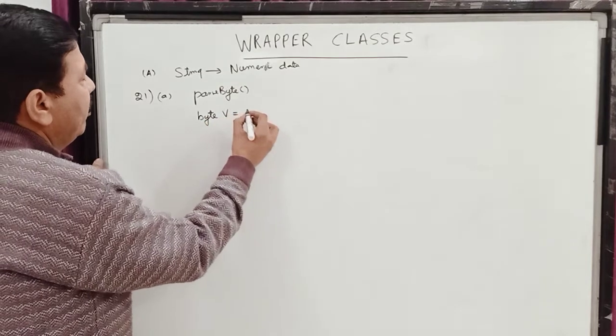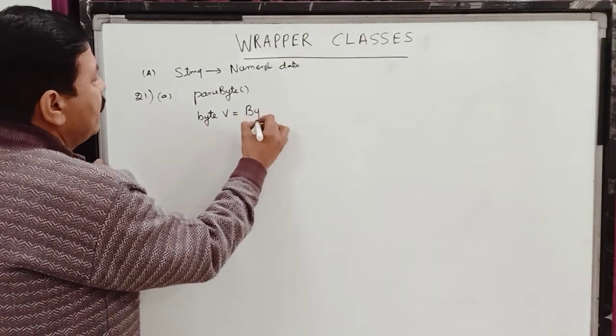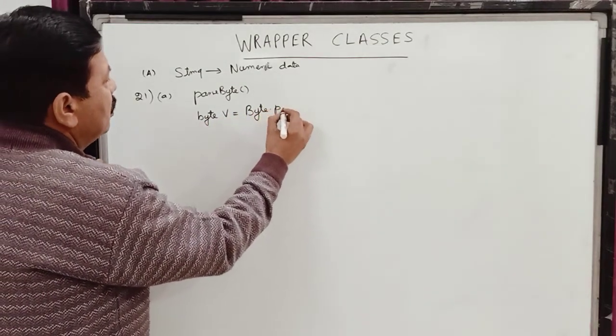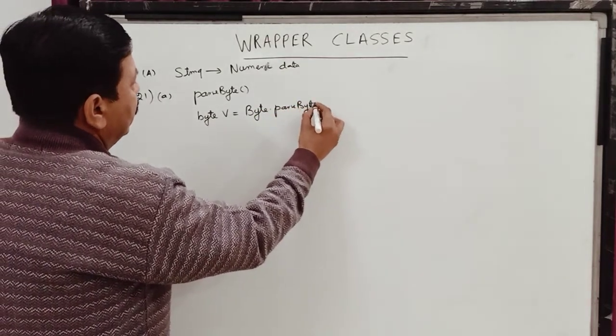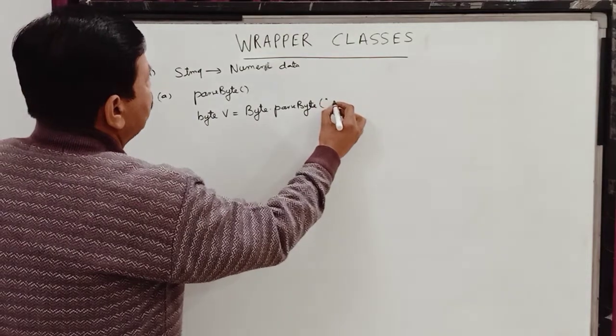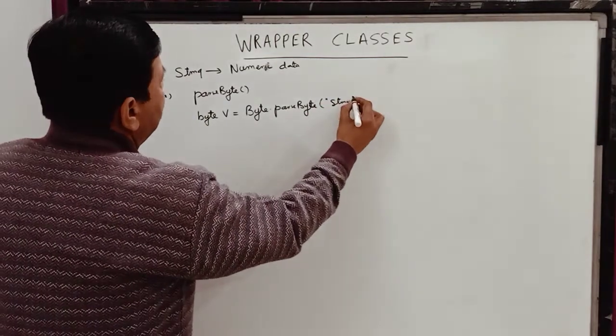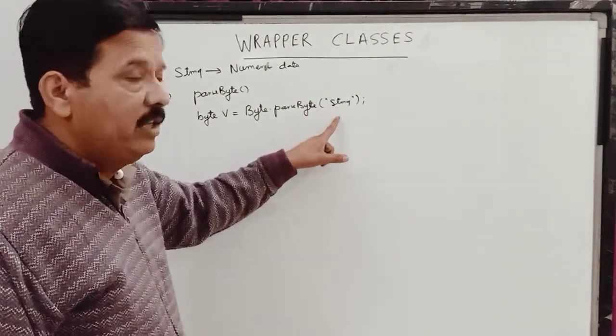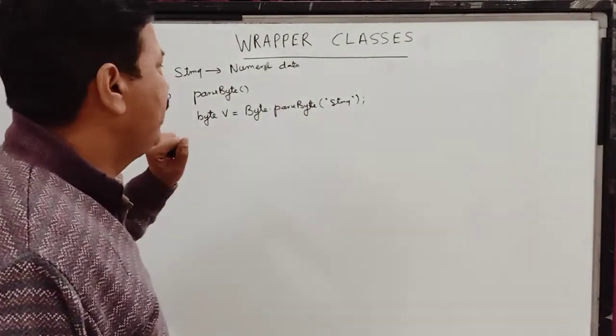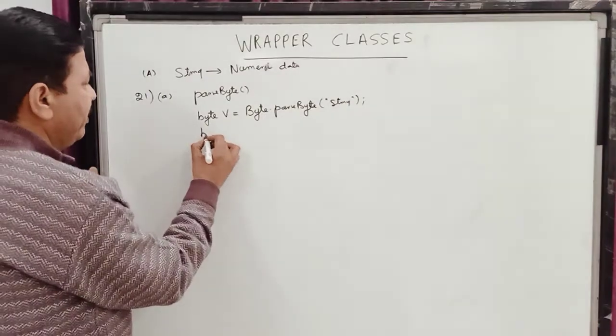So byte v is equal to Byte.parseByte, and here I am writing a string, and children, this string should be a numeric value which is in the form of string, then only it gets converted to byte. I'll just give an example over here.